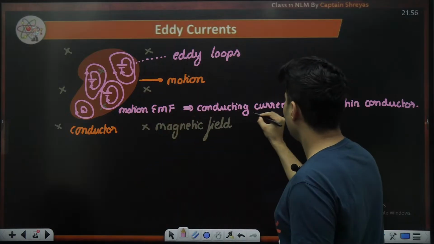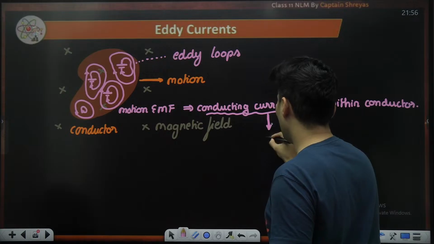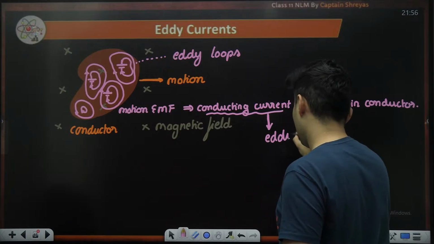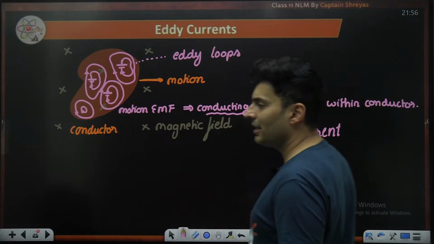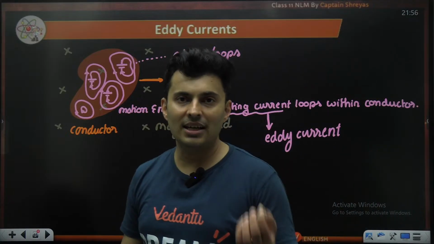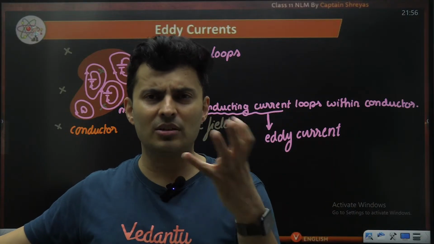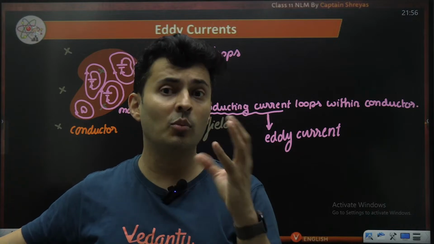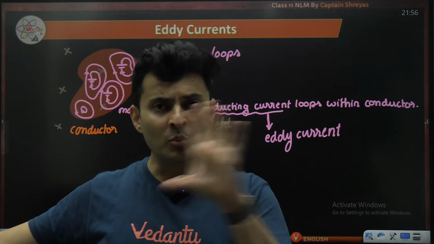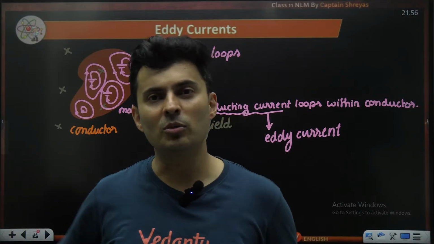And this conducting current which is being produced is called the eddy current. So what is eddy current? Eddy currents are those currents which are produced within the conductor, which follow the paths of least resistance within the conductor itself due to the motional EMF, meaning moving a conductor inside a magnetic field. So there are small current loops like that.